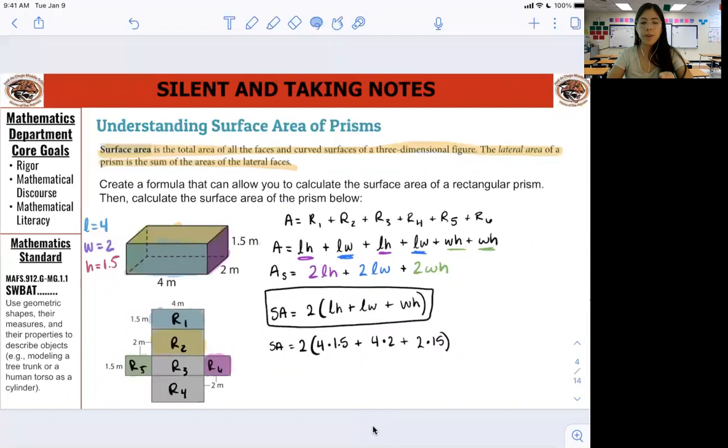Janelle's got 44. Does anyone get the same answer or a different answer? Ooh, 88. Okay, you multiplied it times 2. Are we getting the same answer as Janelle's? Are we getting a different answer? I'm waiting to hear from more students.